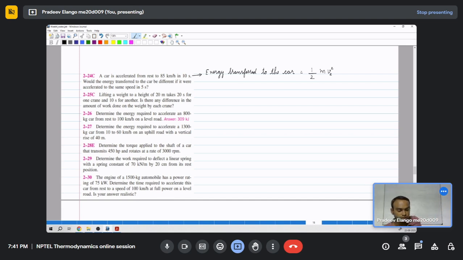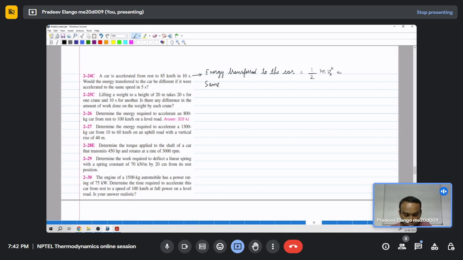Like if it is 10 or 5, we would have used the same expression with the same values. Only the rate of energy transfer, or the power at which it is transferred, will vary, but the total energy transferred will be the same.